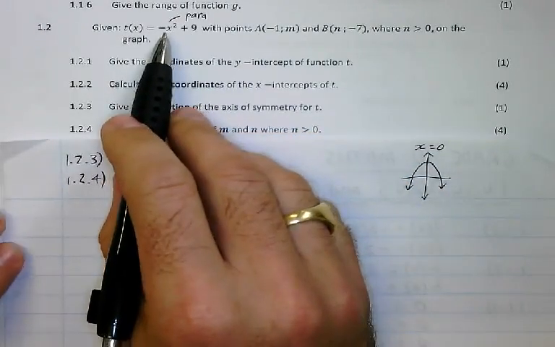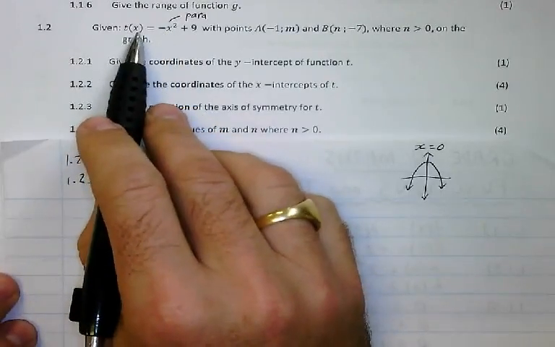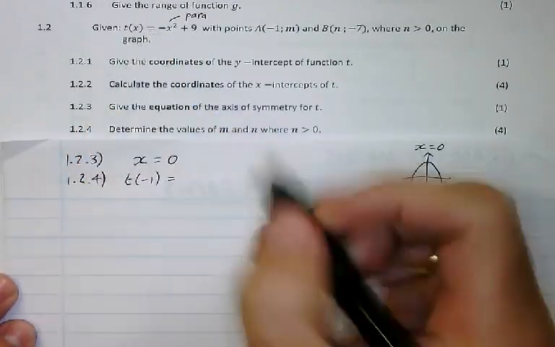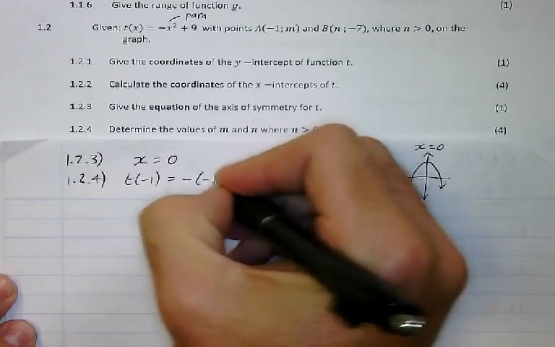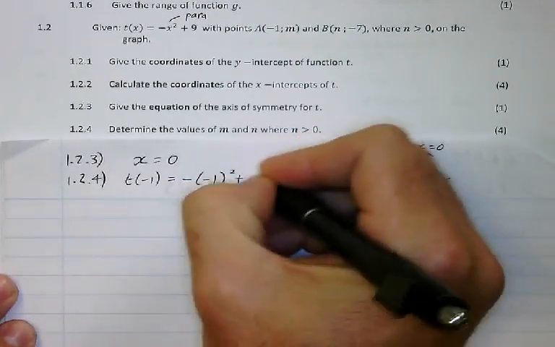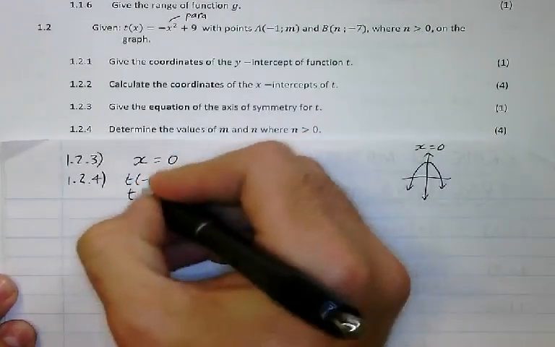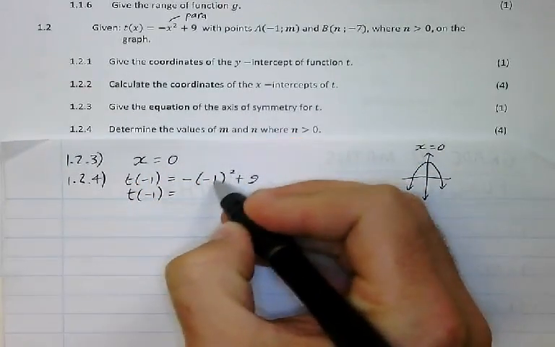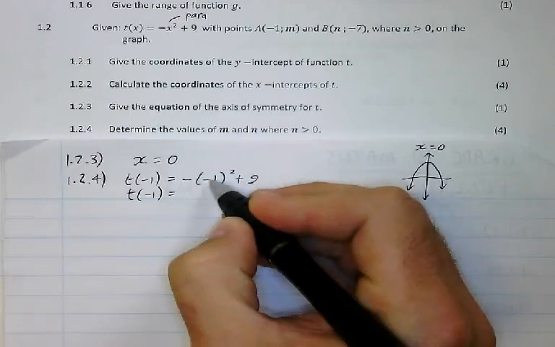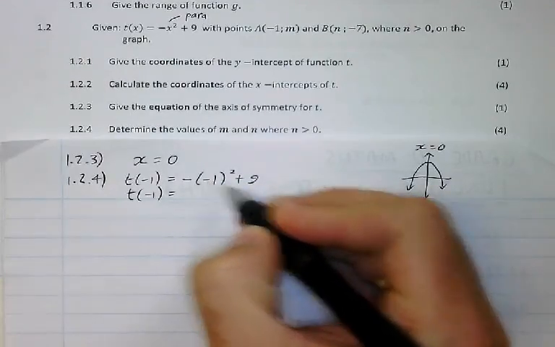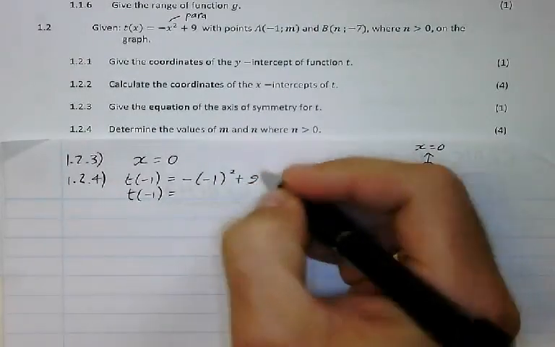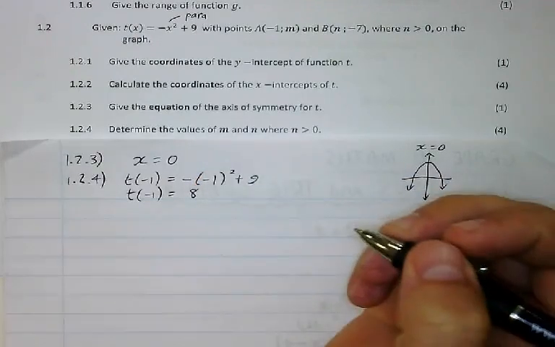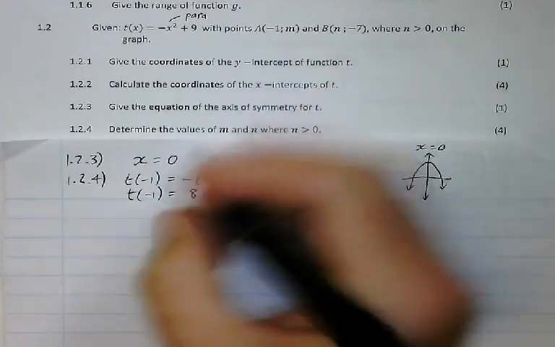So, t of -1 would be equal to negative of (-1) squared plus 9. (-1) all squared would be 1, and negative times the 1 is -1, plus 9 would give us an answer of 8. In other words, m ends up being 8.